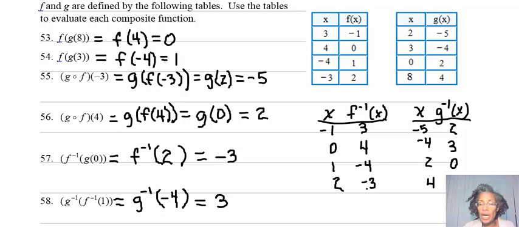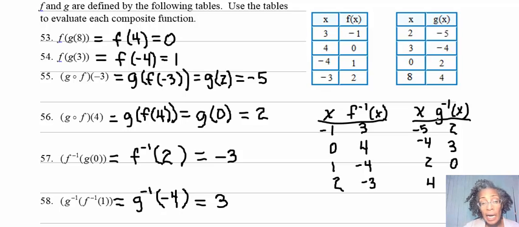And notice, to find the values for the inverse functions, I have to make a new table, and the y's on f are the x values for f inverse. The x values on the table for f are the y values for f inverse. So I'm interchanging x and y's to get the table for the inverse functions.